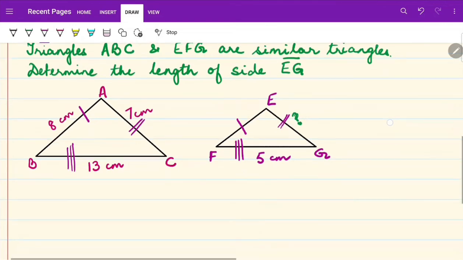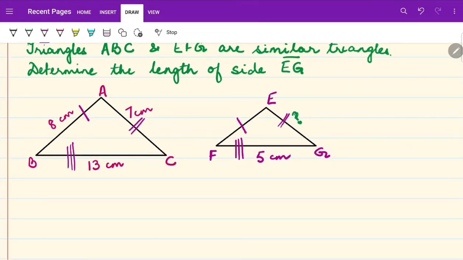So we have to set up an equation using the ratios of the corresponding sides. First, let's set up the ratios.